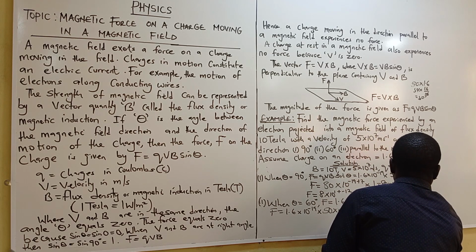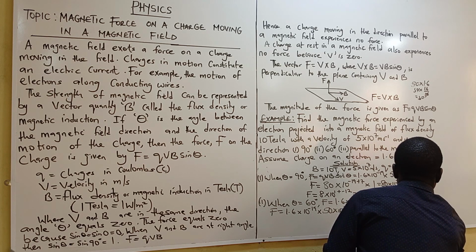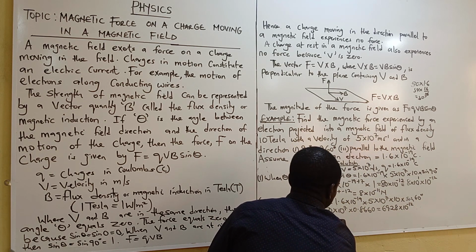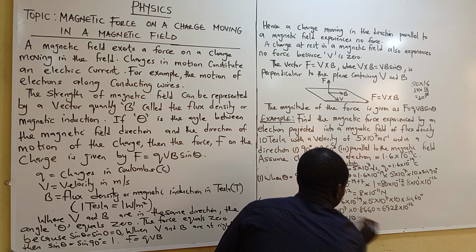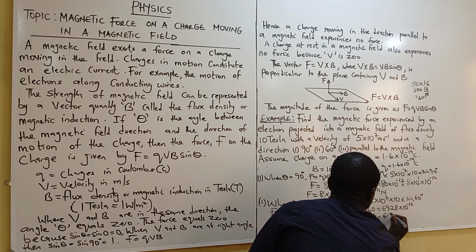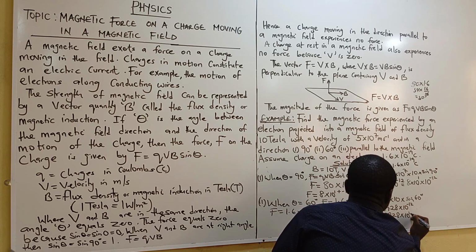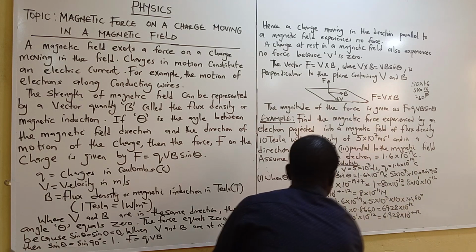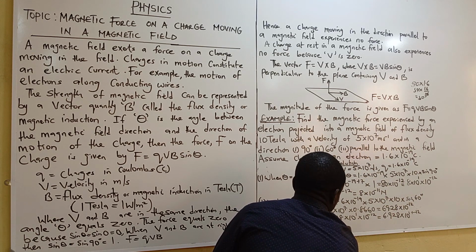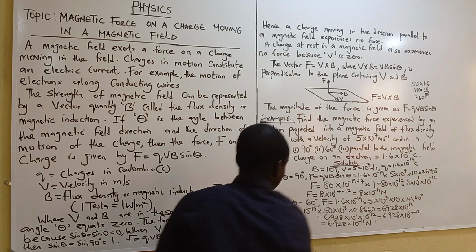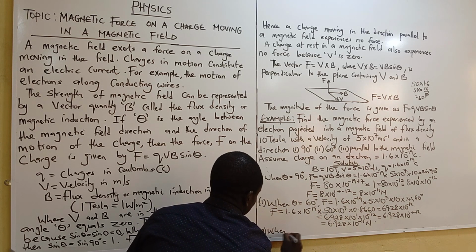When you shift once, it becomes 6.928 times 10 raised to power 1 times 10 raised to power minus 12, equals 6.928 times 10 raised to power 1 plus minus 12, which equals 6.928 times 10 to the power minus 11 Newton.